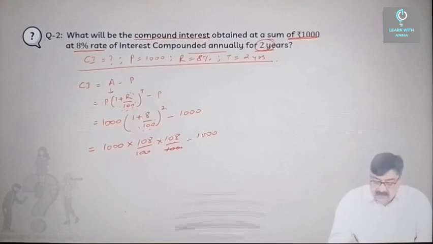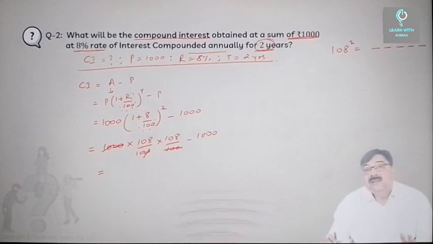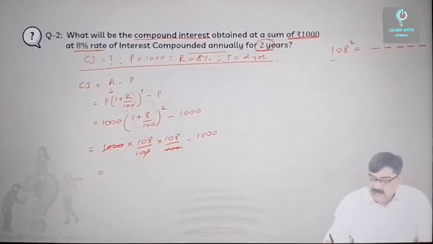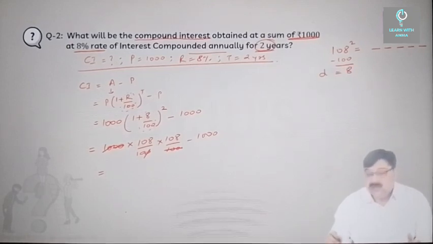This is how we do it. So this is gone, this is gone, this is gone, this is gone. So ultimately 108 into 108 is what we are left with. So it is 108 square. And as you know, how do we calculate squares of numbers which are more than 100 but near to 100? Now, 108, if I reduce 100 from it, the difference here is 8. So this is a shortcut.